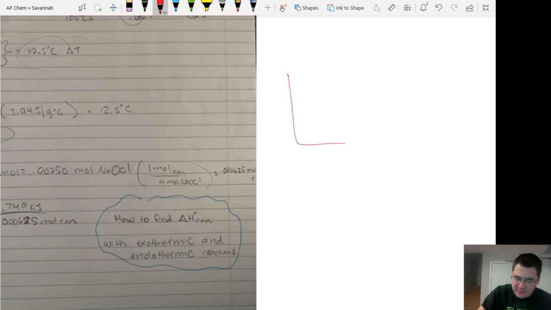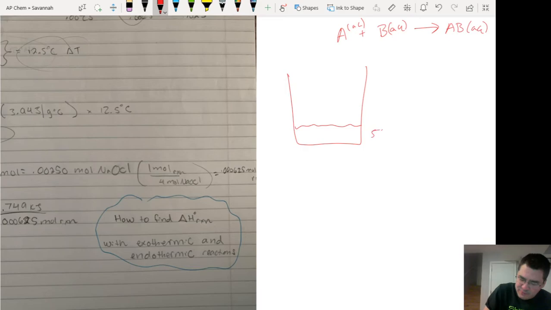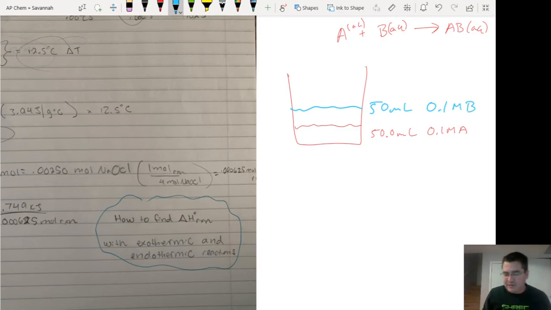So when we do a little chemical reaction, let's say here's the reaction: A plus B, aqueous, and let's just say it makes AB, and it's still aqueous. So you dump in, let's say, 50 milliliters of 0.1 molar A, and then you dump in 50 milliliters of, I'm gonna make it similar to theirs, 0.1 molar B. So you do equal amounts of A and B, right?